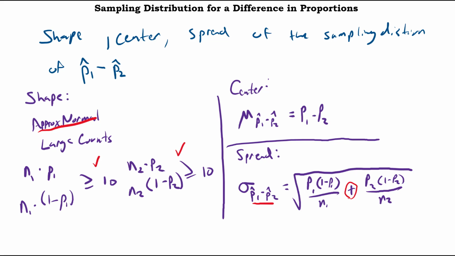When it was discovered that the plus sign works here, that is how they found the standard deviation of the difference in proportions. You don't necessarily need to remember the formula because it should be given to you on your formula sheet. However, just understand that it is a plus when you're doing the calculations. So let's look at an example and see how these play out and how it's going to be presented in a problem.